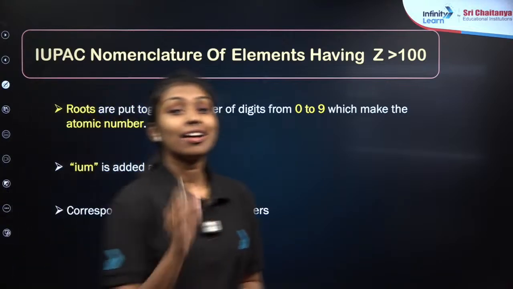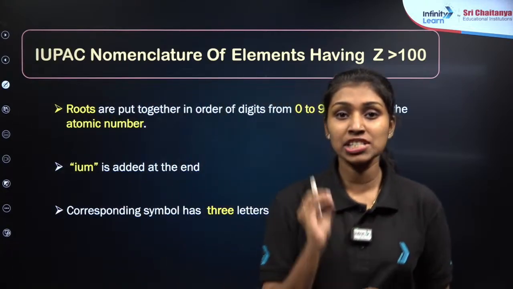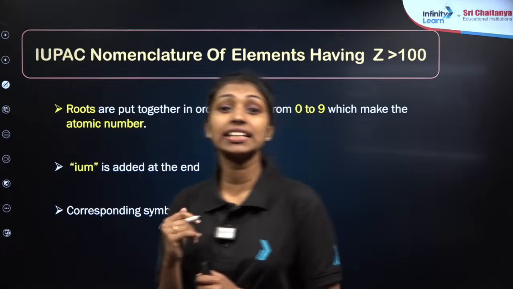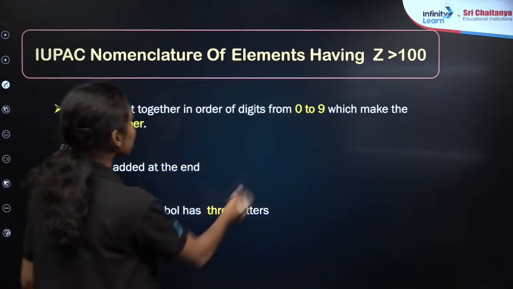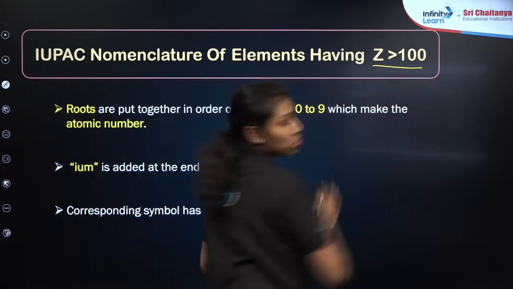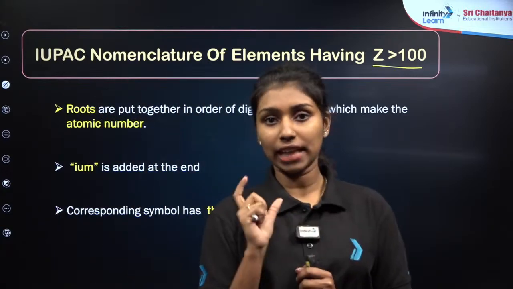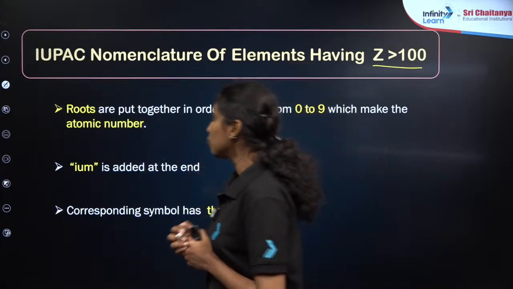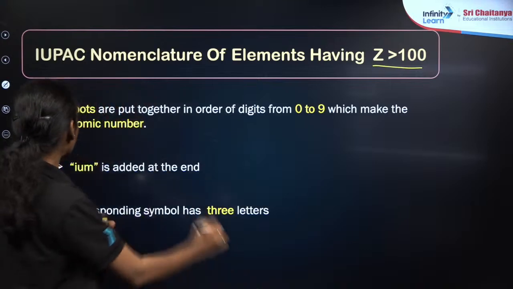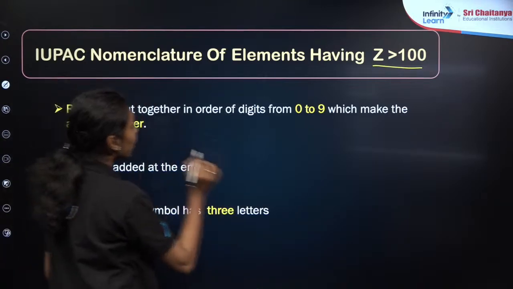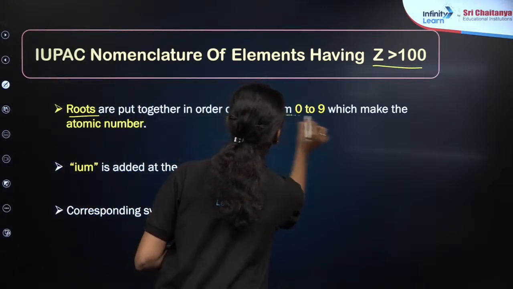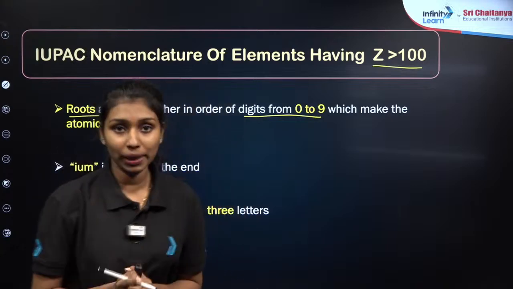We have to find the IUPAC nomenclature of elements having atomic number greater than 100. There are simple points to note. There should be root names for each digit present in the atomic number. First, you put together all the root names that correspond to the digits from 0 to 9 which make the atomic number.